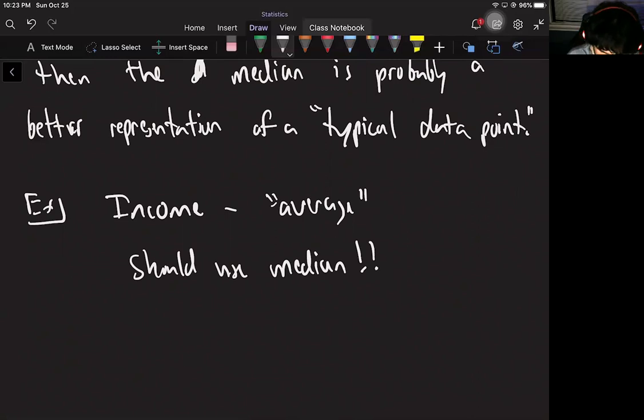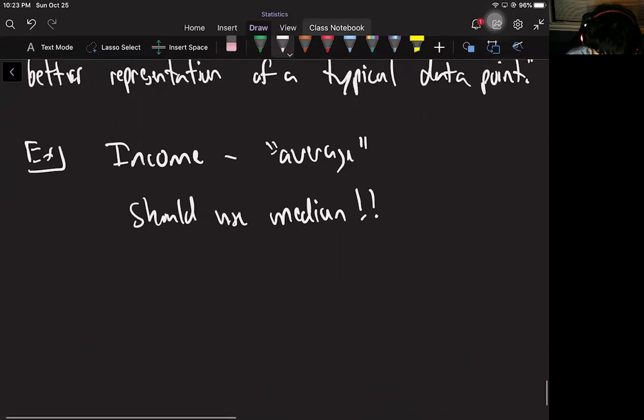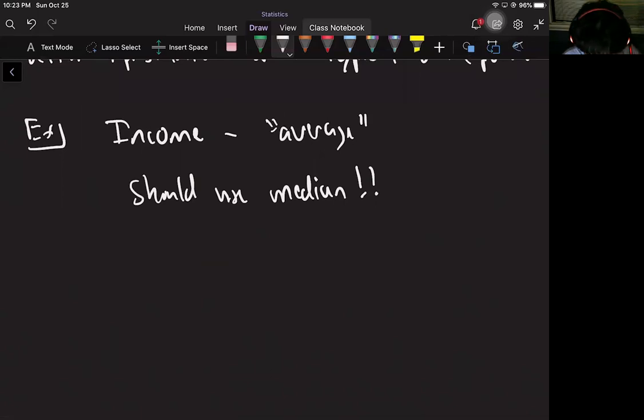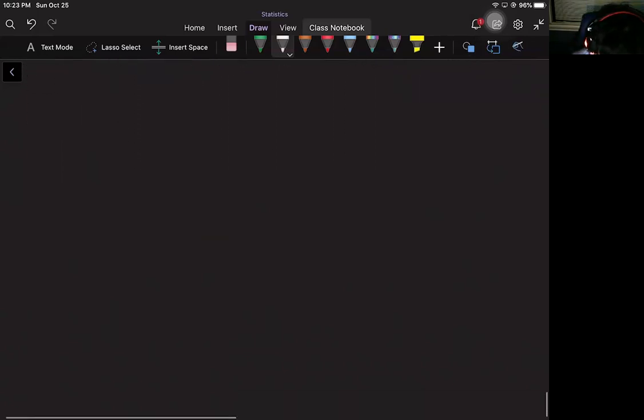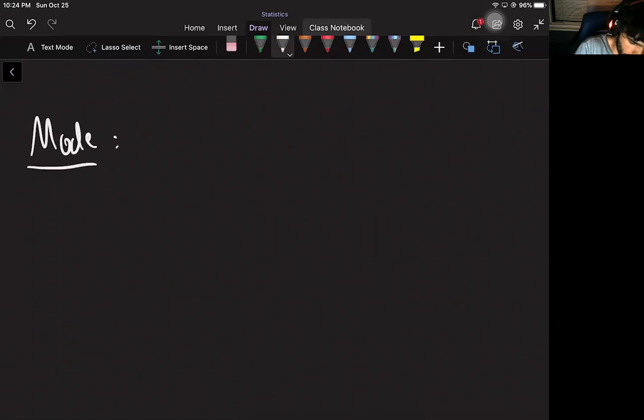But when people want to make it seem like the average income is high, they'll use the mean instead. What's going on there is that people that are super rich, their income will inflate the mean because it's very far away, and that's what happens with the mean, and it won't represent typical people. But you'll see that more in the lecture problems. Okay, that's a real life example. That's very good to think about. But for the lecture, we mostly have to just learn some stuff. The problems are where you can see more real life examples.